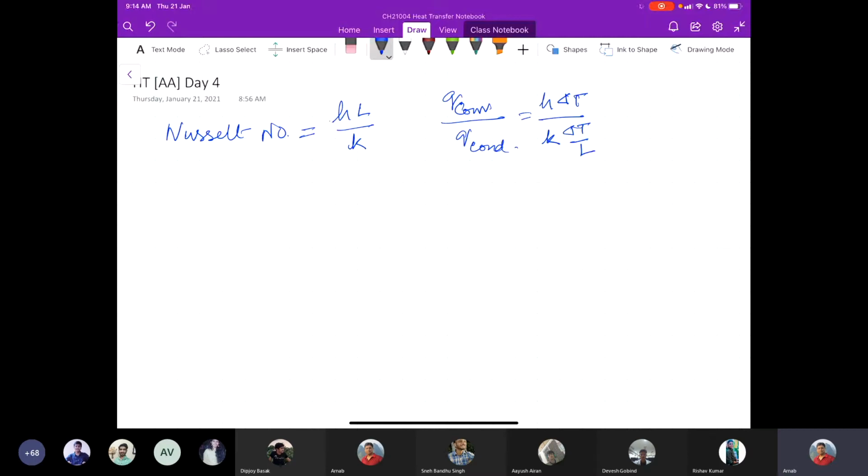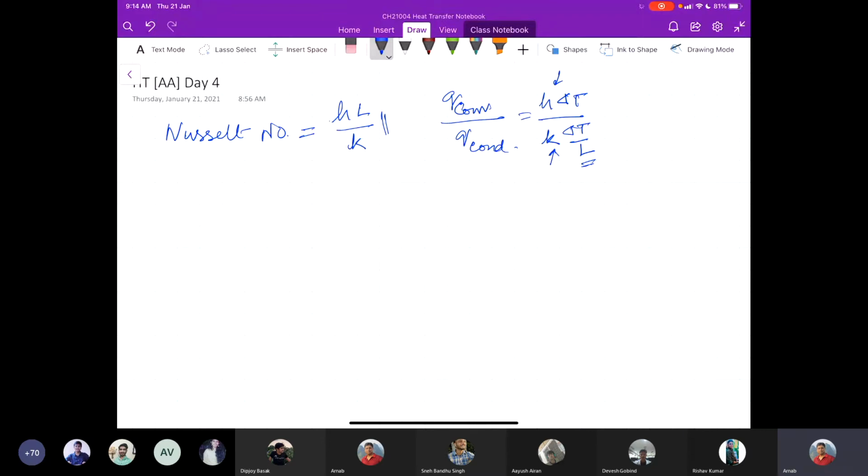Now, the heat transfer through a fluid layer by convection, and the corresponding conduction. So, h is the convective heat transfer coefficient, k is the thermal conductivity of the fluid, L is the characteristic length. Fine. So this gives the ratio h L by k.